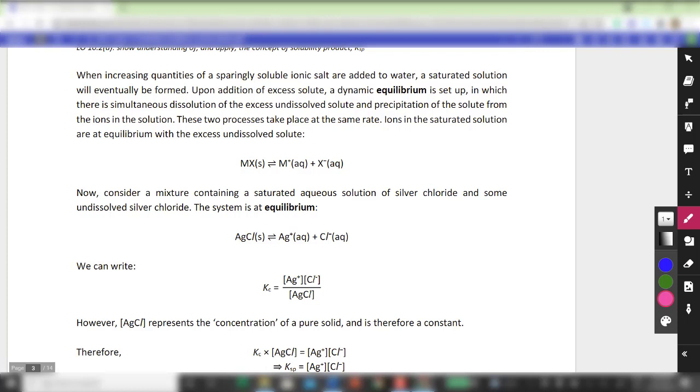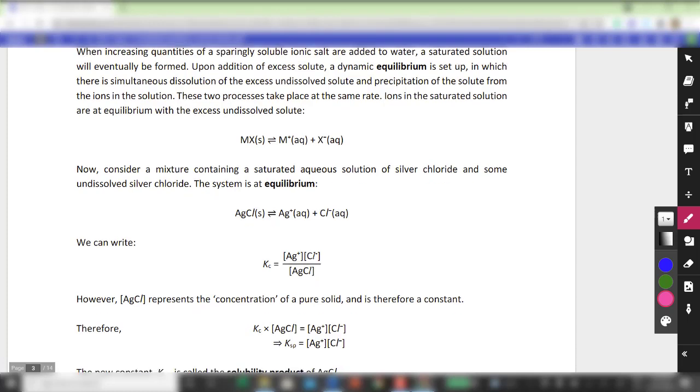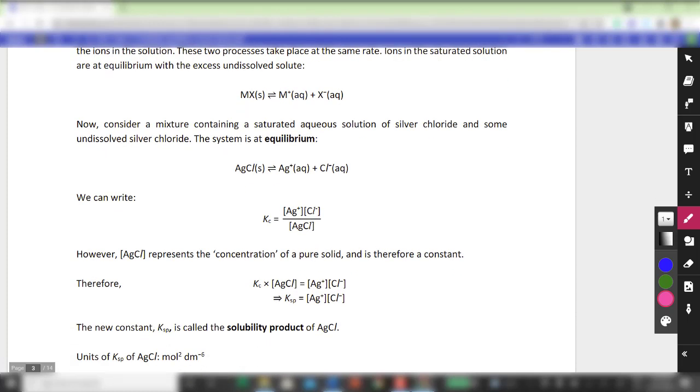So assume that a very small amount dissolved, and we have M plus and X minus. In this case, we use silver chloride as an example. Silver chloride solid is insoluble, but it's able to maintain a small amount of silver plus aqueous and chloride aqueous.